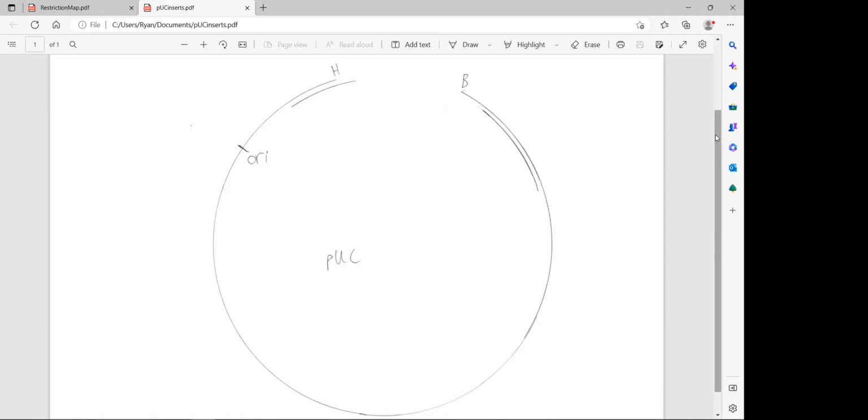Yes. So cos will be 9866, and it will be HB. Yeah, I got HB. Okay, this should be the cos one. Yes, and 493 base pair HB. Did you get that?